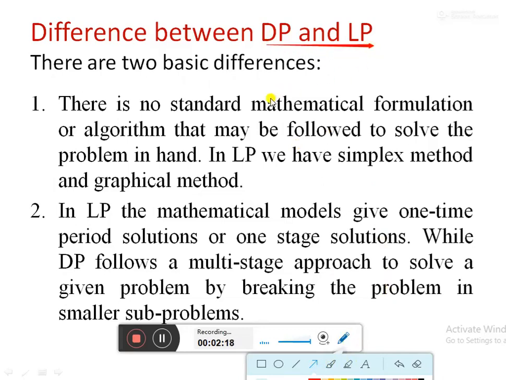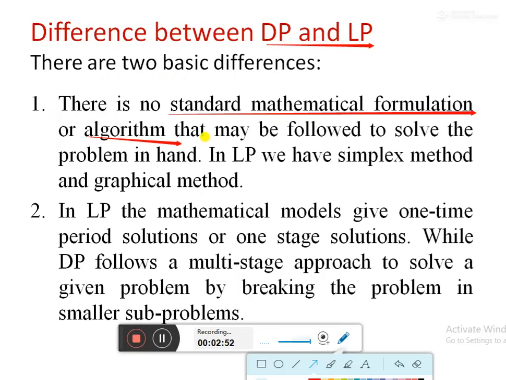Basically, there are two differences between dynamic programming and linear programming. If we talk about dynamic programming, there is no standard mathematical formulation or algorithm that may be followed or used to solve any particular problem in hand. In other words, in dynamic programming, we don't have any technique in standard form that can be used to solve the problem.